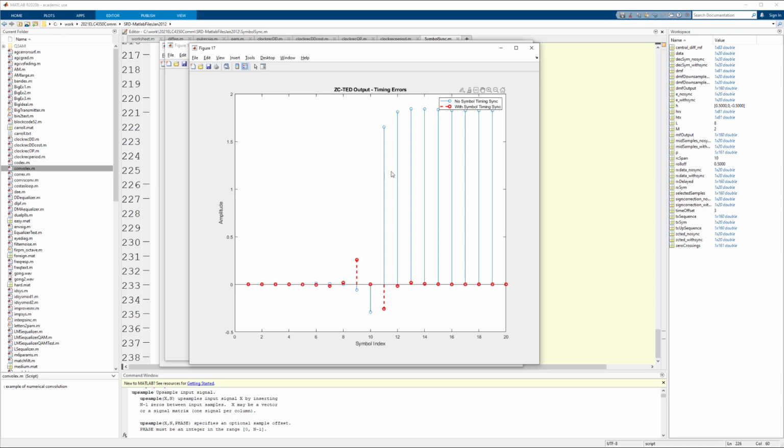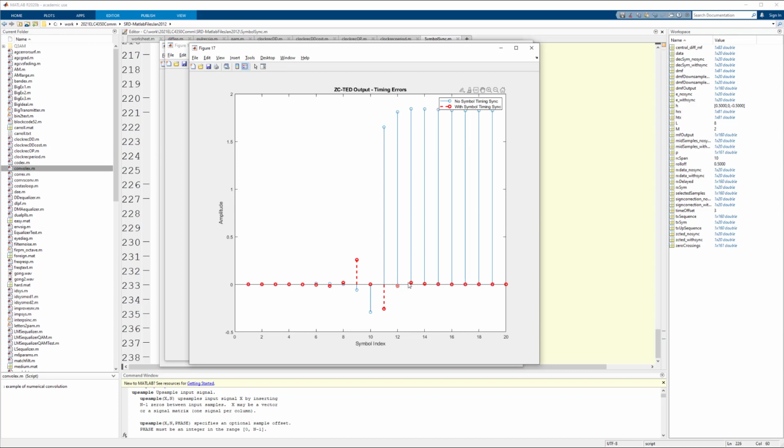The blue samples are the sampled data with no timing sync. Therefore, the zero crossing timing error detector output, which is the timing error, will give me a non-zero value. In this case, we can see those are all positive because I have shifted in one direction, whether positive tau or negative tau, and using that, I can adjust the loop filter.